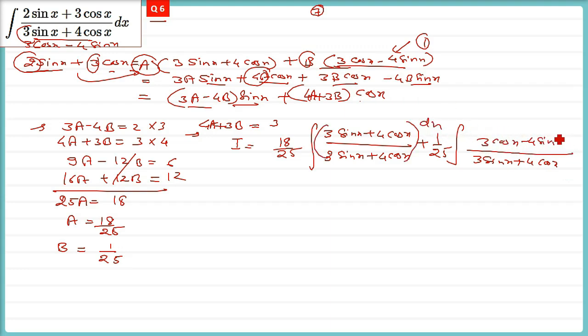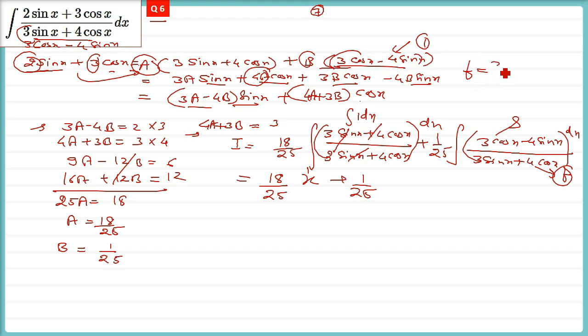Now if you have a dx here, you see the first term gets cancelled. 18 by 25 and integration of dx will be simply x. So 18 by 25 x. Then we have 1 by 25. And now you see here, if you take t as the denominator, the numerator will automatically come. That is, if you take t equals 3 sin x plus 4 cos x, and if you differentiate it, we have already done this with b in equation number 1.